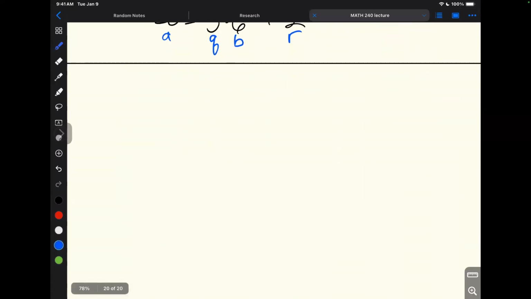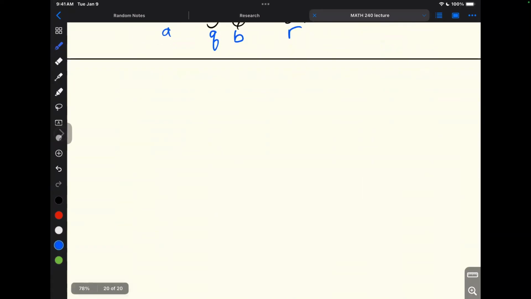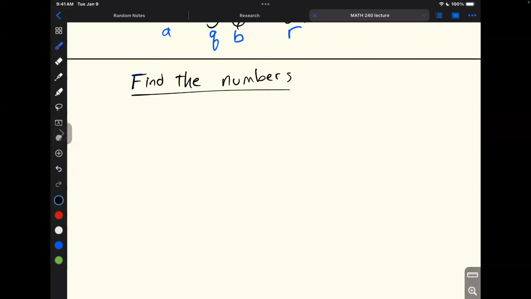Okay, so let's find the numbers. So let's say if that's A and that's B, what are Q and what is R?